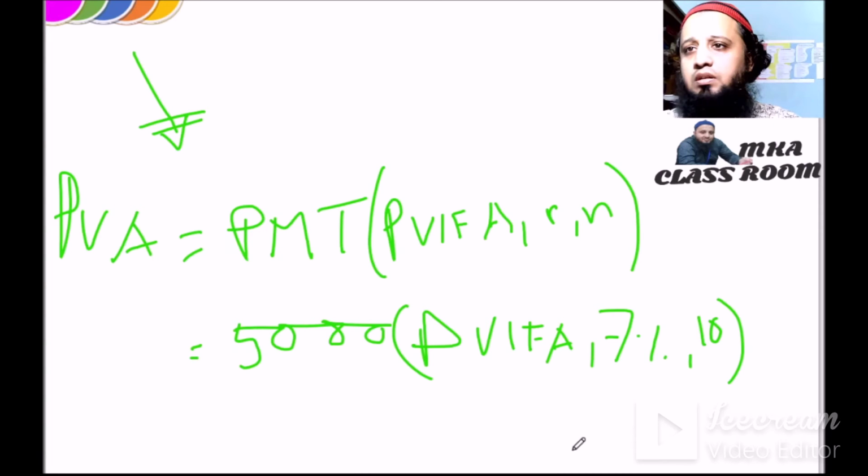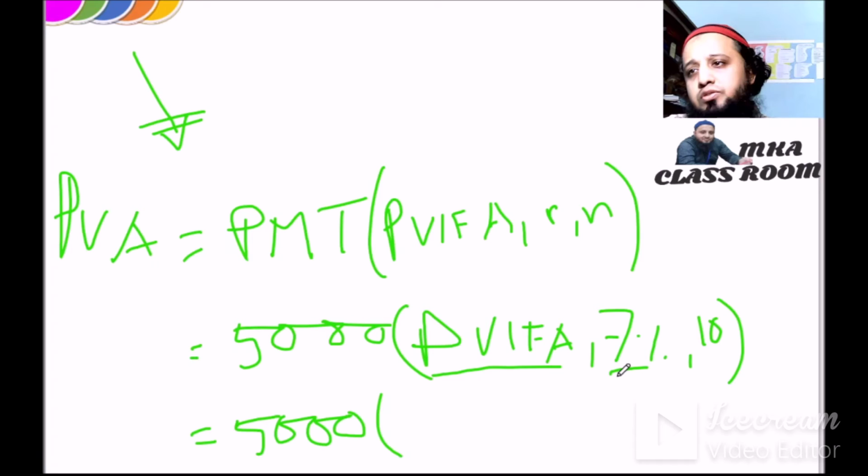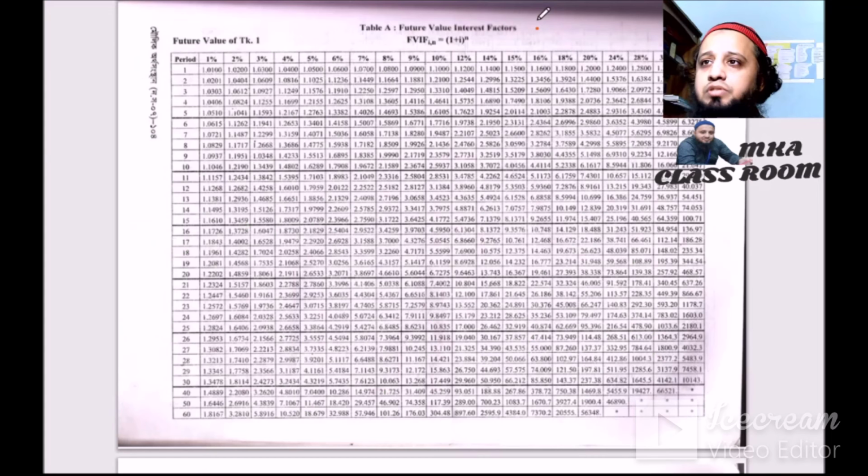Clear? Now, to find the value from our table, the name of our table is present value interest factor annuity. The rate of interest is 7%, and the number of periods is 10. Where these two intersect, that should be our desired value. So, now we see the tables.